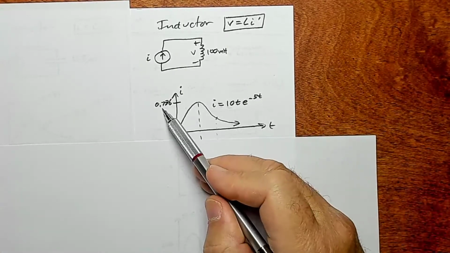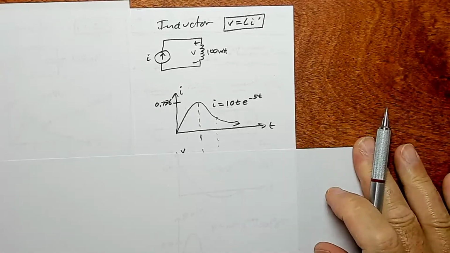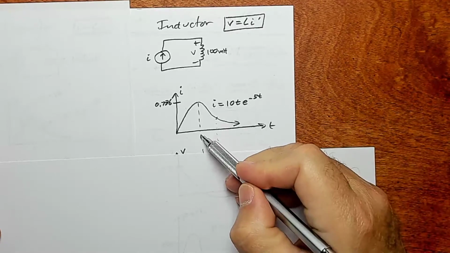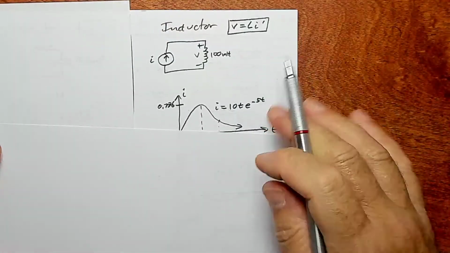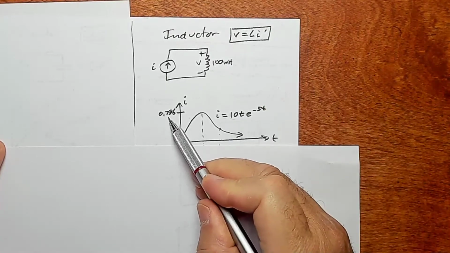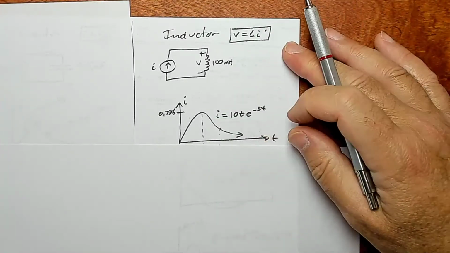I happened to solve this just because I was curious. It has a peak at some value. I'm not sure, did I solve for the time? I didn't, but at some time it'll peak out at 0.776. It's not that important, but I did solve for that.